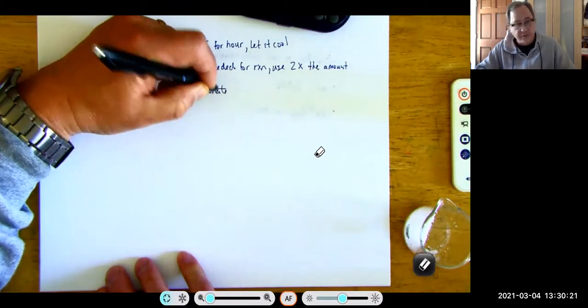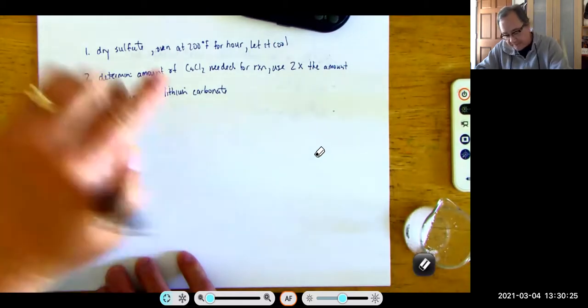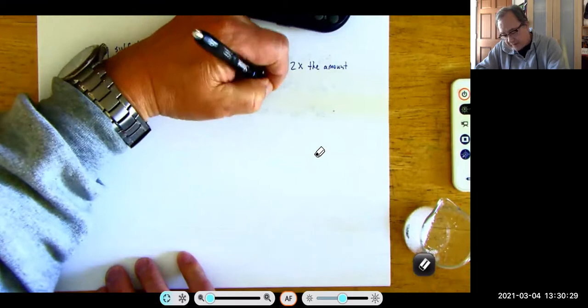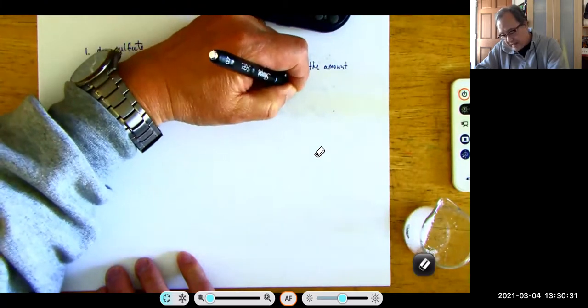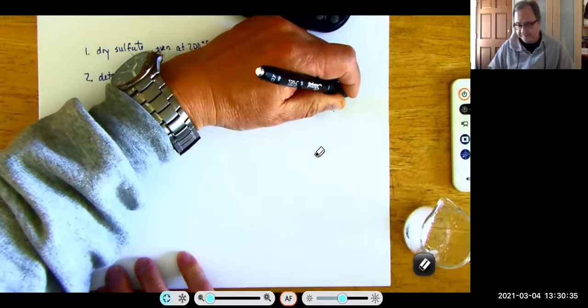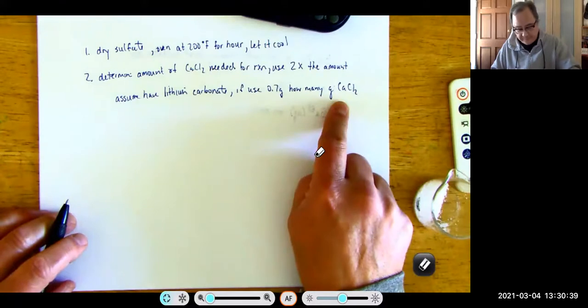I keep saying sulfate, but I have to switch now to carbonate. You could assume that you have lithium carbonate. And if you use 0.7 grams, how many grams of calcium chloride do you need? And whatever that number is, you use twice as much.